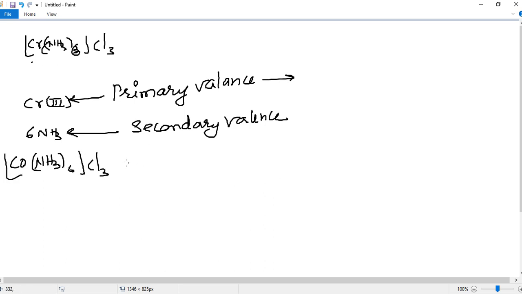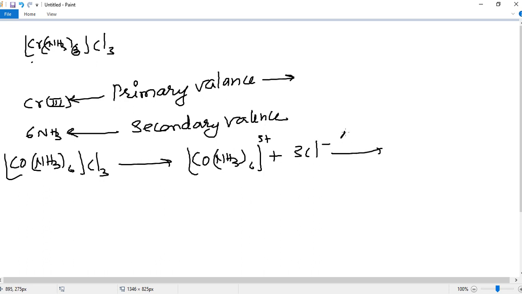So when we put into water, what we would get, [Co(NH3)6]3+ and 3 Cl−. And when this Cl− is treated with AgNO3, we would get AgCl precipitate 3 moles and NO3− remains as it is.